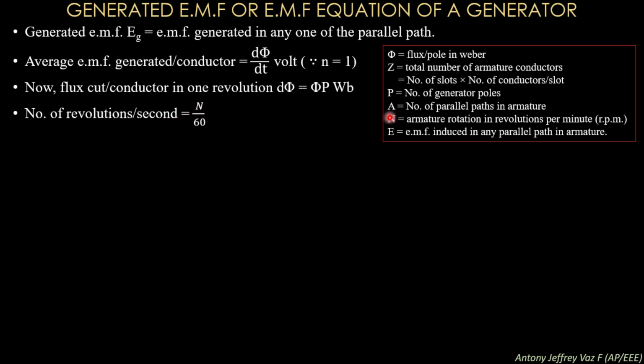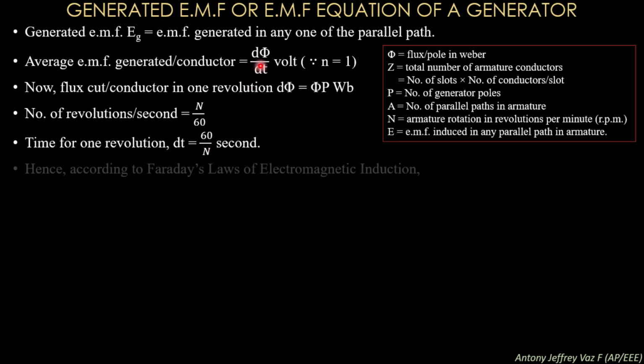Here N represents the armature rotation in revolutions per minute, and it is divided by 60 to get RPS. The time for one revolution, dt, is equal to 60 divided by N. Now we are going to substitute dφ, which is φP webers, and dt, which is 60 by N, in this equation.